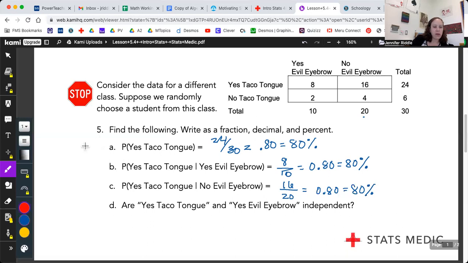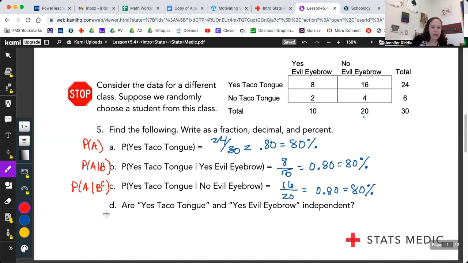So if I were to write this as the probability of event A being yes, you can taco tongue, the probability of A given B, as in the probability that yes, you can taco tongue given that you can evil eyebrow, and the probability that yes, you can taco tongue, A, given that you cannot evil eyebrow, which is the complement of B. Okay. I can create a definition because all three of these are the same.